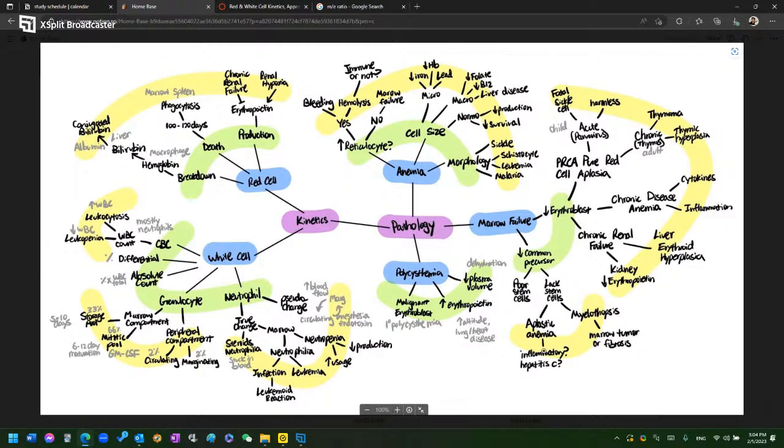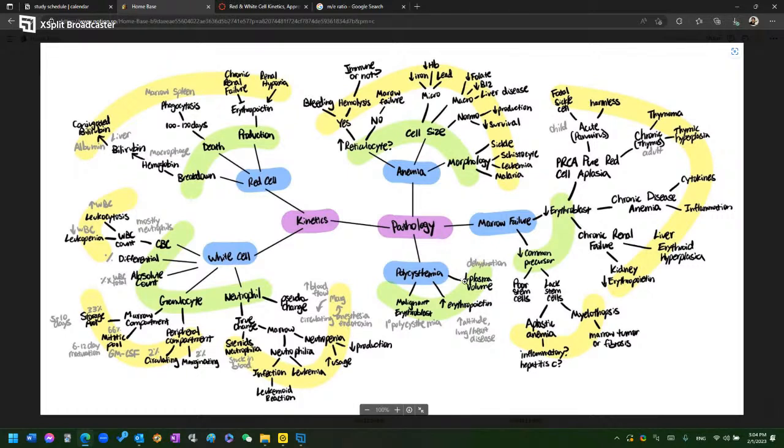We've already talked about problems with the big precursor. We cause pancytopenia, which would cause all our blood cells to get messed up. And we can also talk about polycythemia, which is what happens when we have a lot of red blood cells.